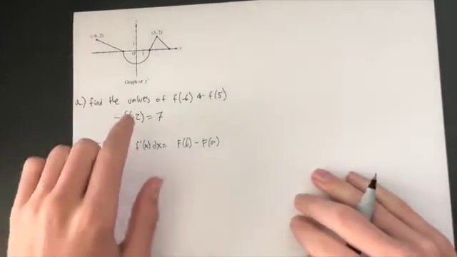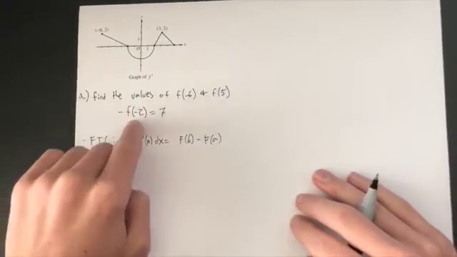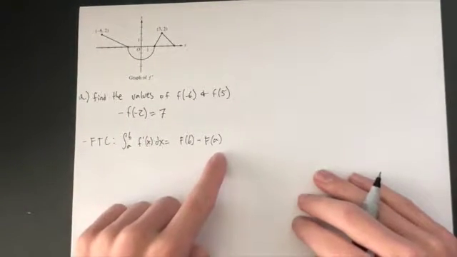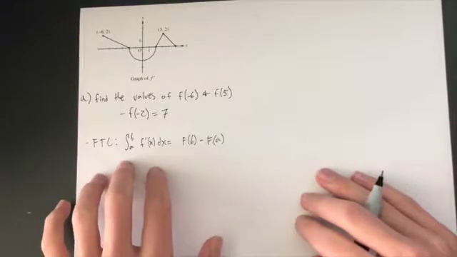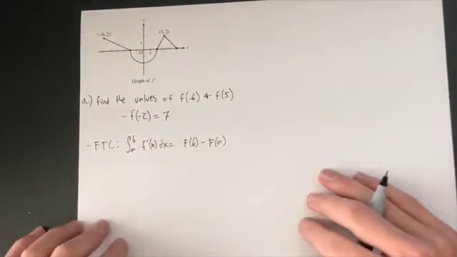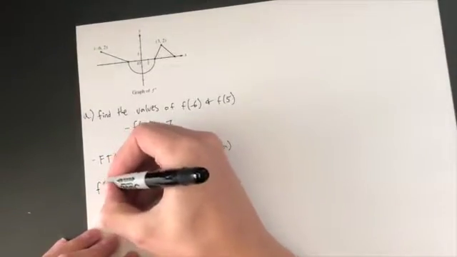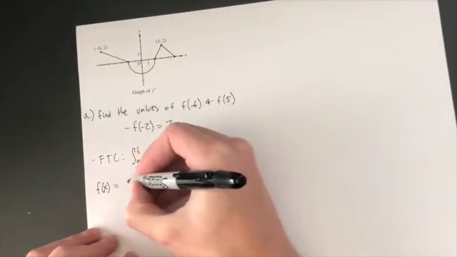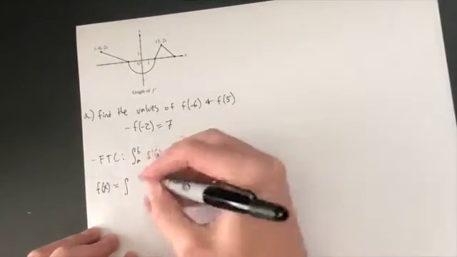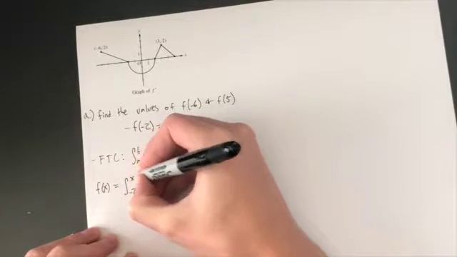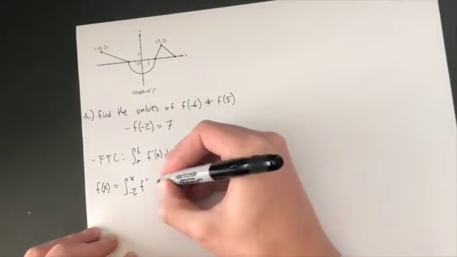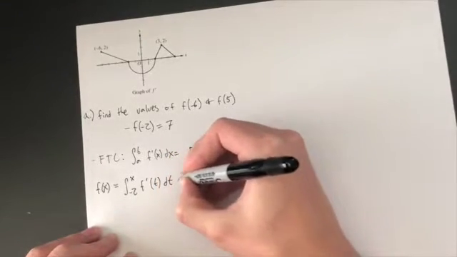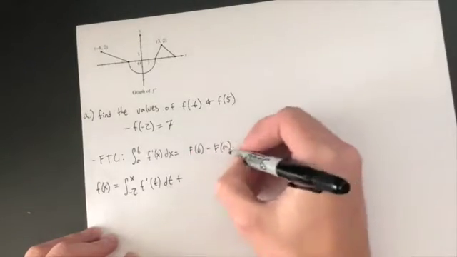So since we're already given a value of f of negative 2, I can use that for our value of a here to rewrite our fundamental theorem of calculus as f of x, x being the value we're solving for, so negative 6 and 5, equals the integral from negative 2, that's our given value, to x of f prime of t dt plus f of negative 2.